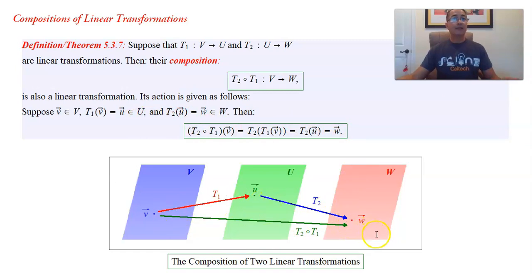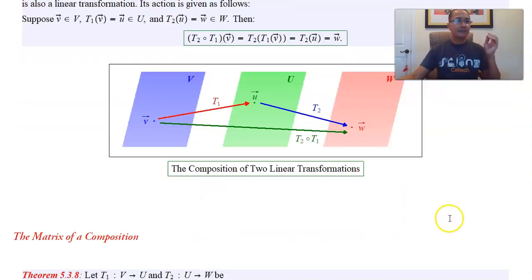Here is the diagram, and yes, that's exactly the same diagram that we saw in chapter 3. The only difference is that we had Rn, Rk, and Rm, but the rest of the symbols are exactly the same.